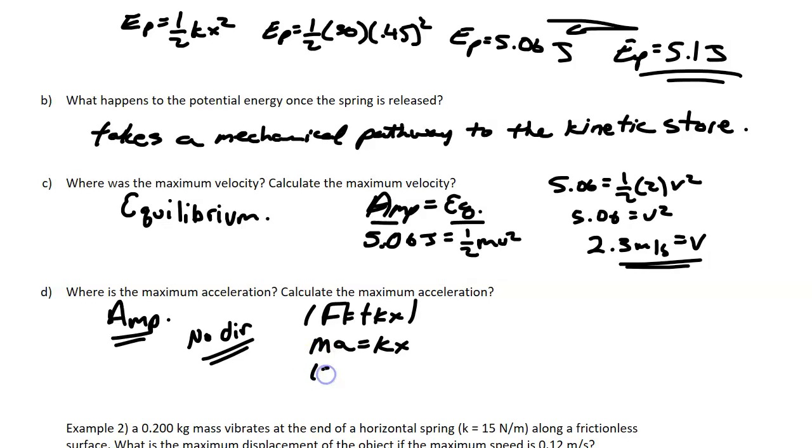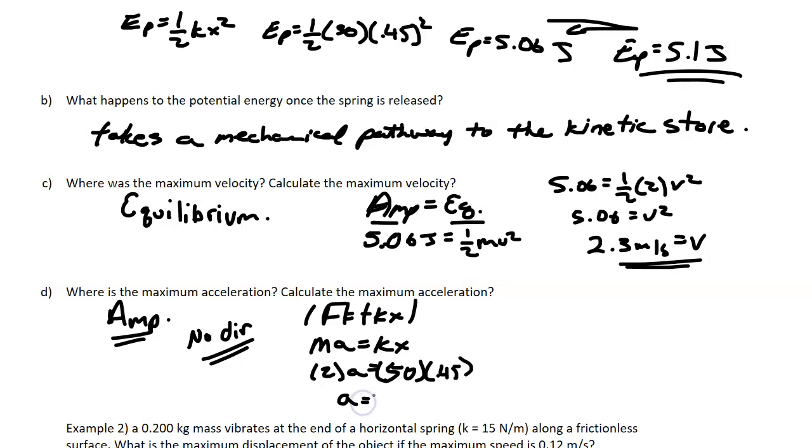So the mass here is 2 kilograms. The k value is 50, and that maximum acceleration again happens at the amplitude, which is why we put the 0.45 here.